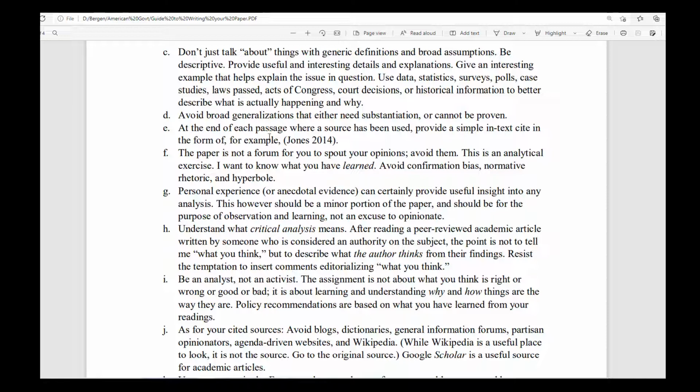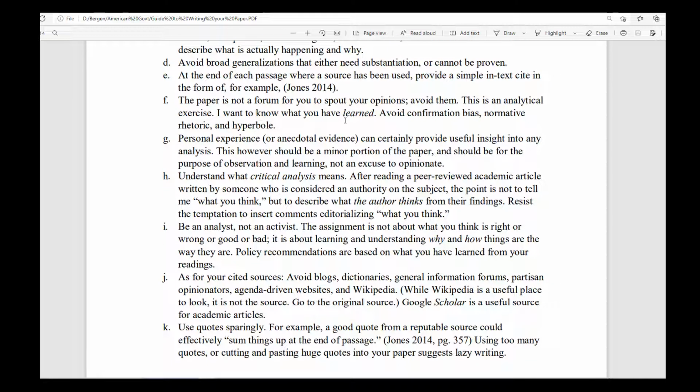But that tells me that particular passage, whether it's 3 sentences long or a paragraph long, whatever it is you're paraphrasing from that particular article, when you wrap that up, at the end of that passage, you will just provide a simple in-text parenthetical quote. That's all I need. Then I can go to the last page and look at the full citation, which we've already looked at on that sample bibliography.